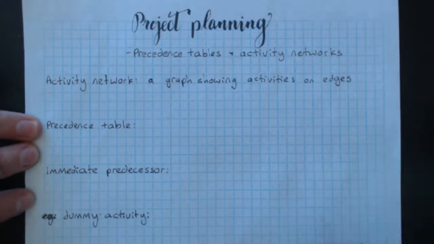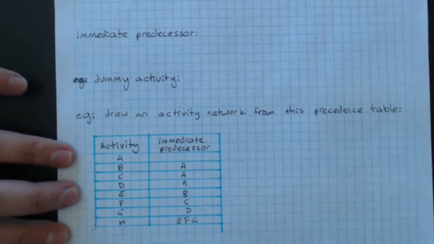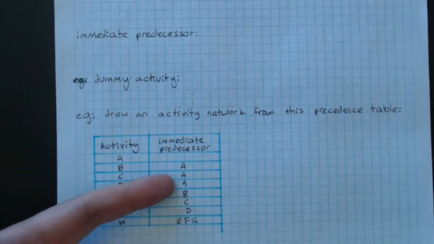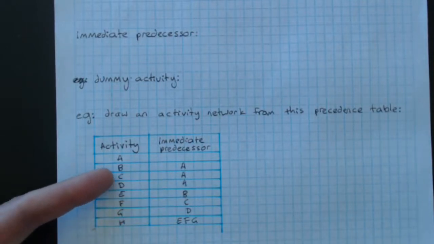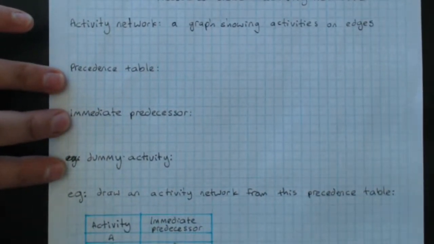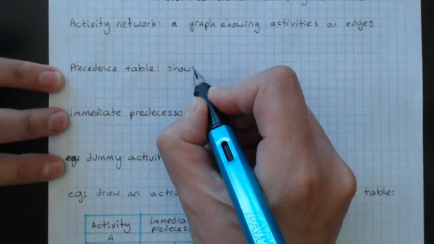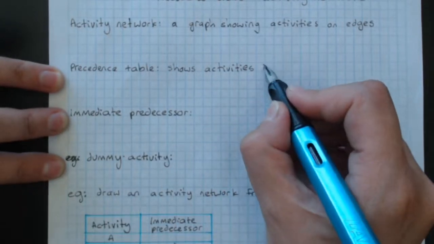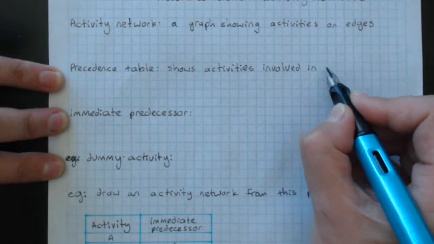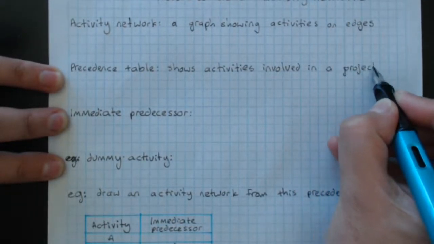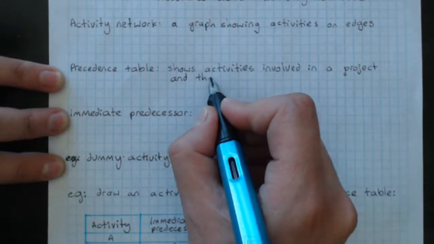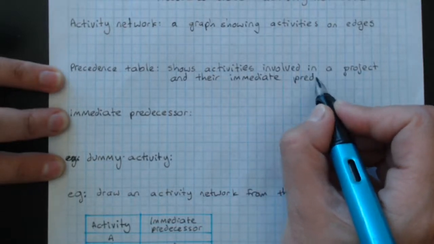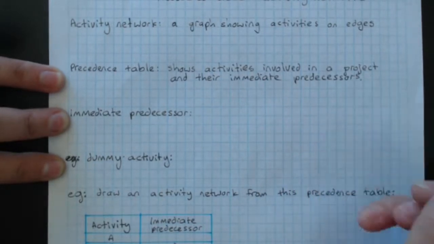A precedence table is like this little one down here, which shows the activities involved in a project and any immediate predecessors, which is an activity that has to happen before this activity can occur. So a precedence table, there we go.